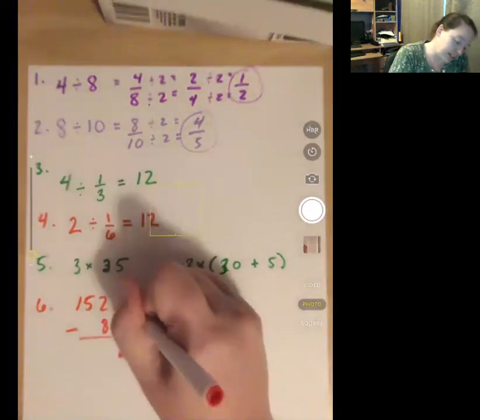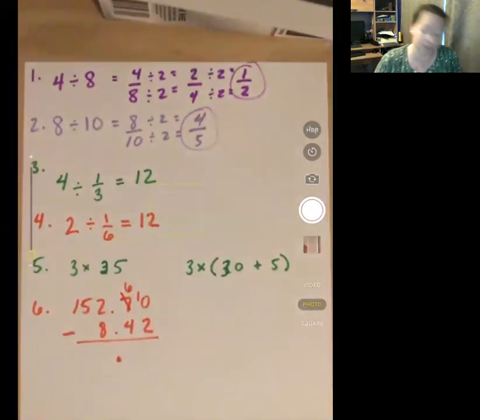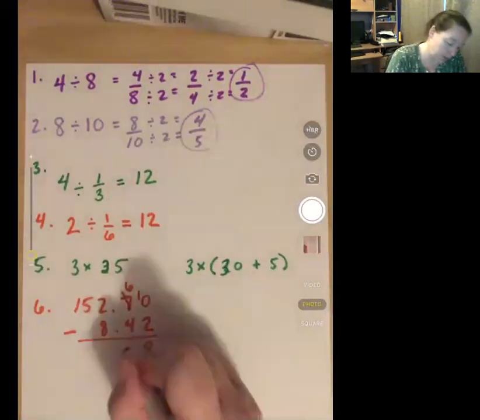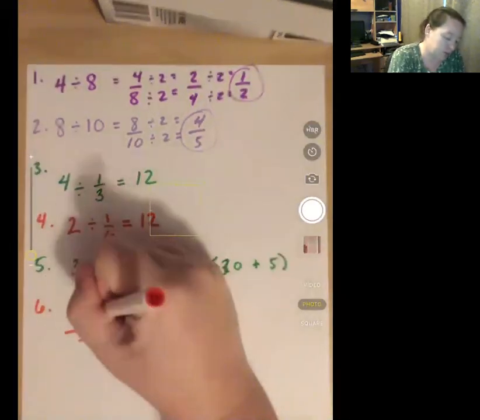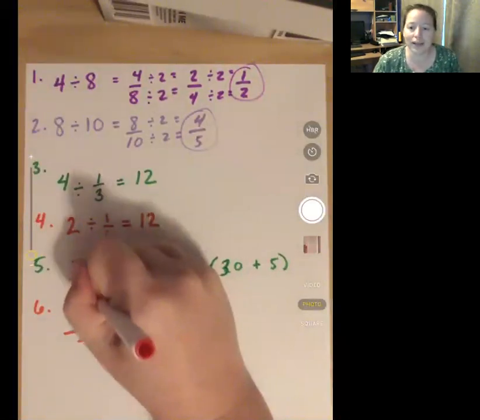I'm gonna cross out the 7, make it a 6, make the 0 a 10. 10 minus 2 is 8. 6 minus 4 is 2. 2 minus 8. Ooh, I can't do 2 minus 8. Gotta go borrowing again. Change the 5 into a 4, the 2 into a 12. 12 minus 8 is 4. 4 minus nothing is 4. And 1 minus nothing is 1.